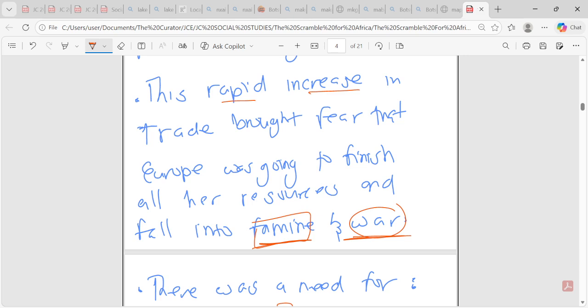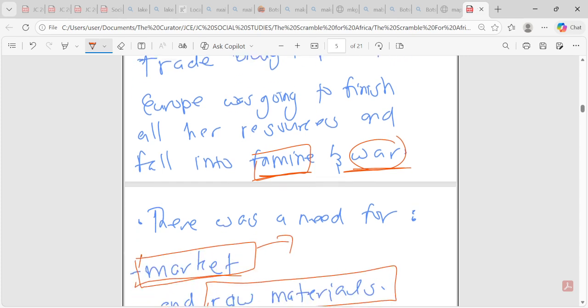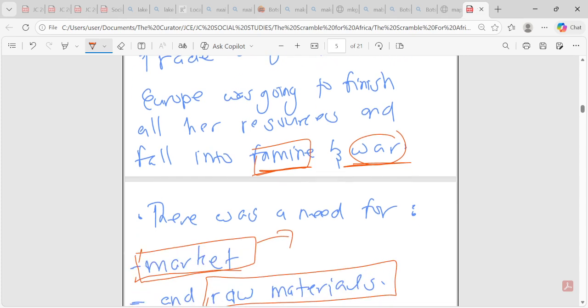They feared the depletion of their resources, and that this severe lack of resources would plunge the whole continent into war, into conflict.